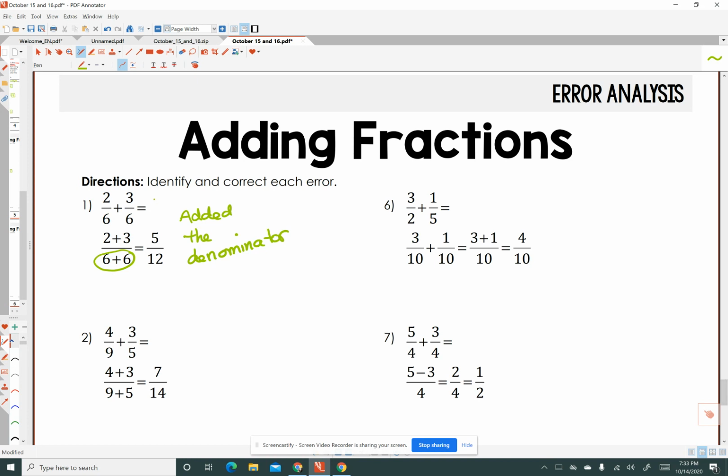So the answer here should be 5/6. Here, again, they added the denominators, and not good. So that should be 45ths.